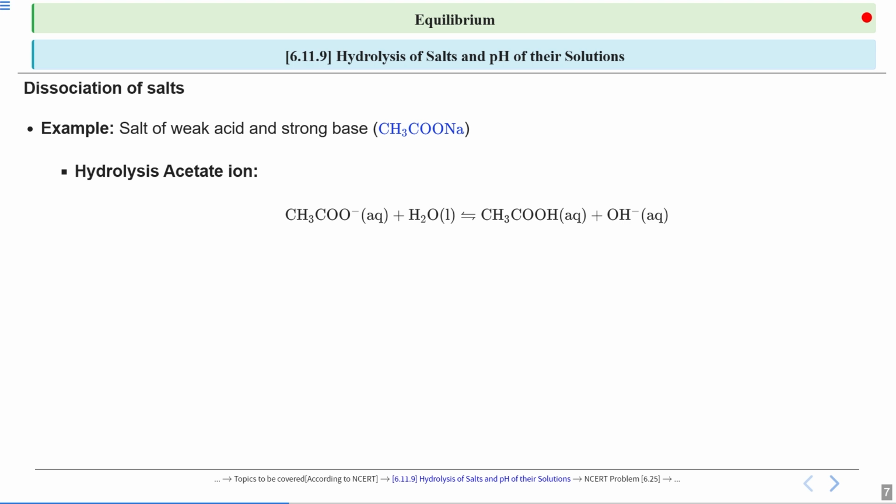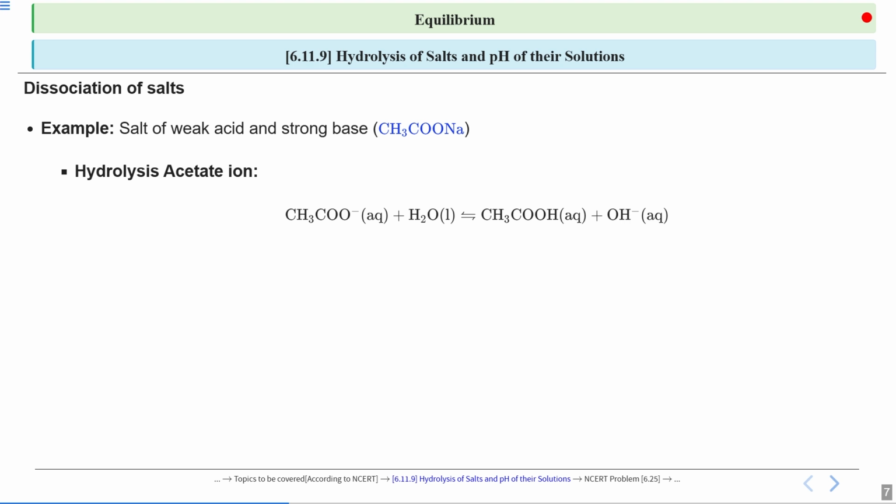Like your sodium plus remains in the aqueous state with no further reaction, in the case of acetate ion, once it is hydrated, it reacts further to form acetic acid and hydroxide ion. Now you know it very well that once it forms this acetic acid, the backward dissociation is not that much promoted due to the nature of this acid, which is a weak one.